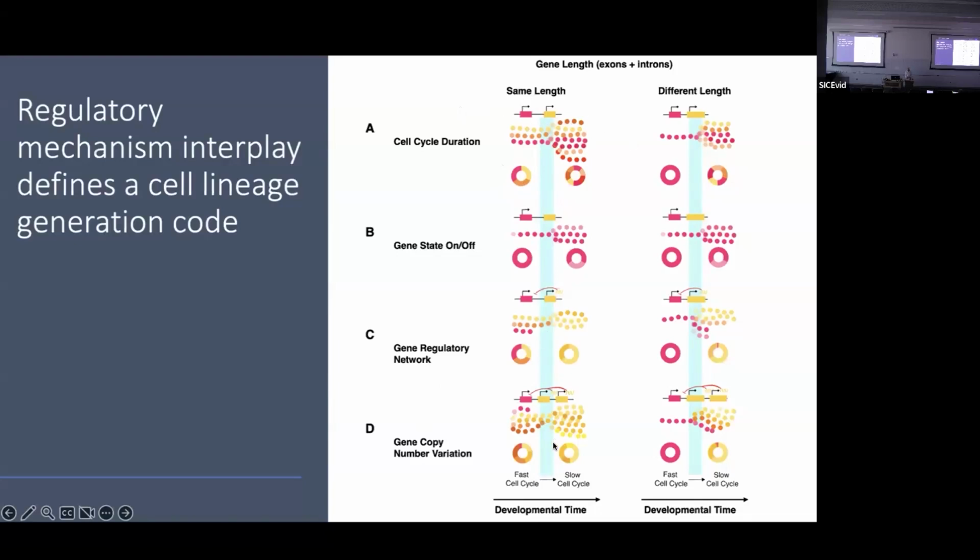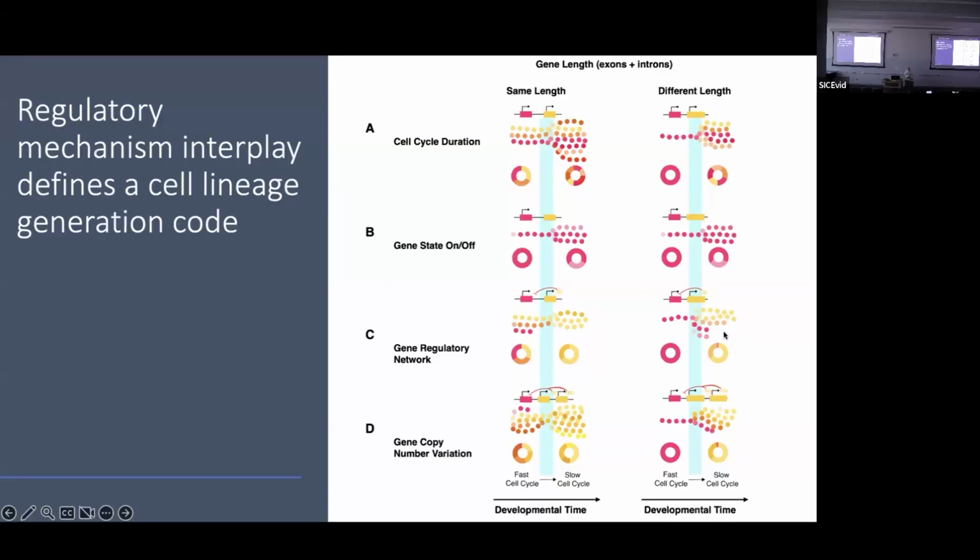These blue lines here represent each developmental time where we shift from a fast cell cycle to a slow cell cycle, which is something that occurs in early development, as I mentioned. This regime here is when genes are the same length. This regime here is when the genes are different lengths. And here are the different parameters that we can choose to generate different patterns.